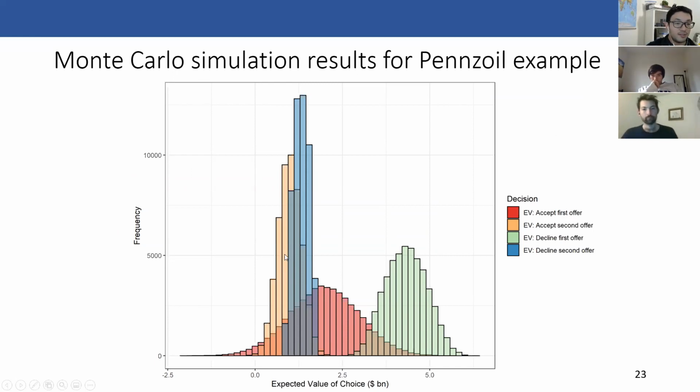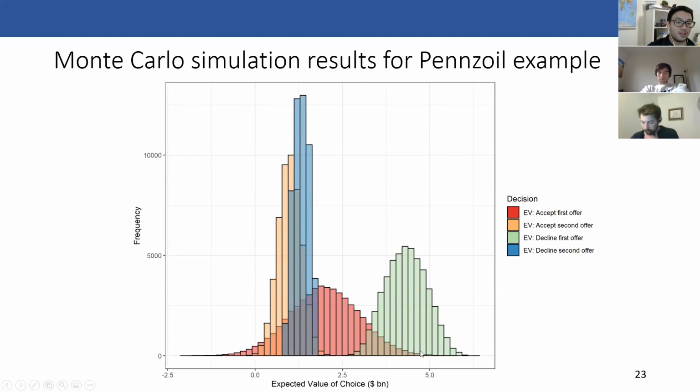Here I have, in red and in orange, the accept your first and second offer. This is a really typical example result that you'll see from the Monte Carlo analysis: a series of different distributions of outcomes.